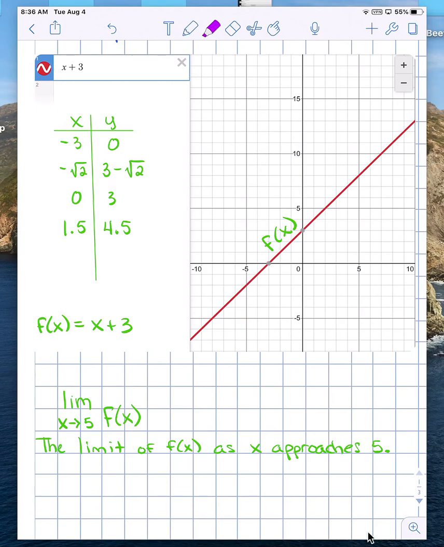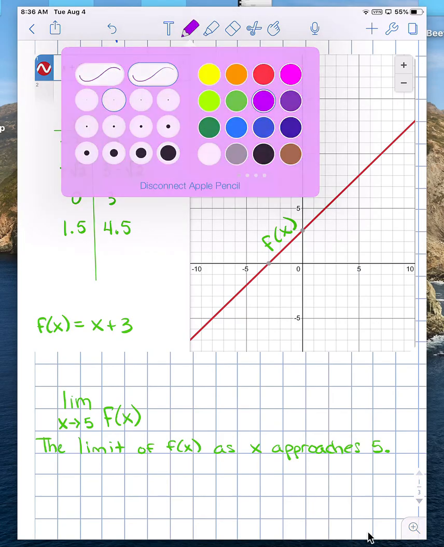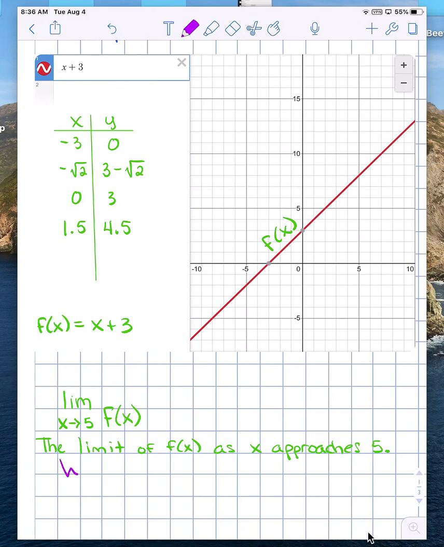When we're looking at a limit, what we're really saying is, what is the value of f of x getting closer to as x gets close to 5?